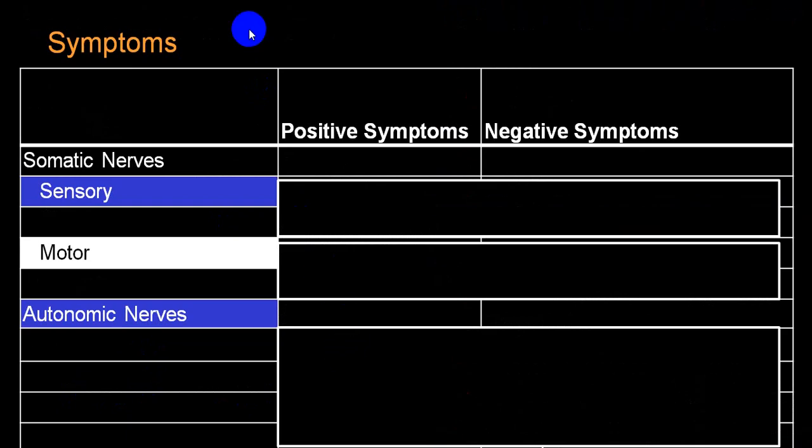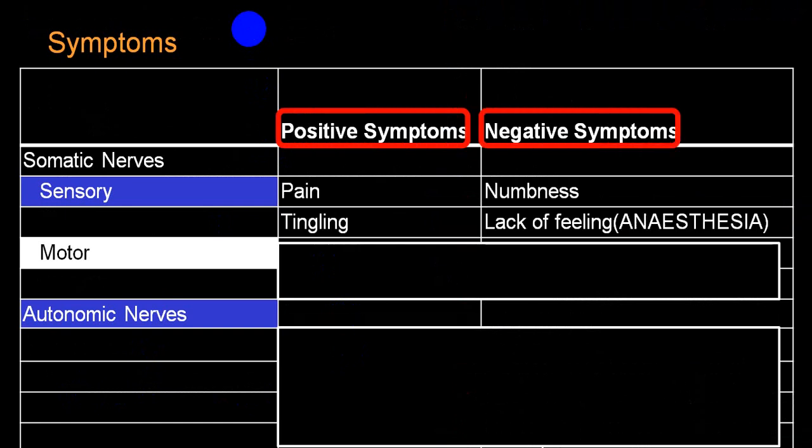Putting together, they divide into positive symptoms and negative symptoms. No need to panic. Positive symptoms means those symptoms which are present in sensory, like tingling, numbness, we call paresthesia, and hyperesthesia, while loss of sensation we call negative symptoms, like numbness and anesthesia.